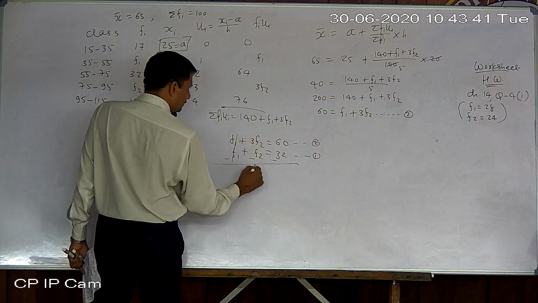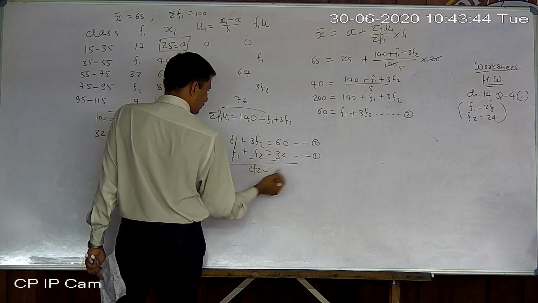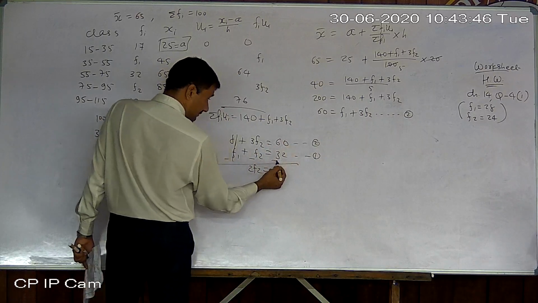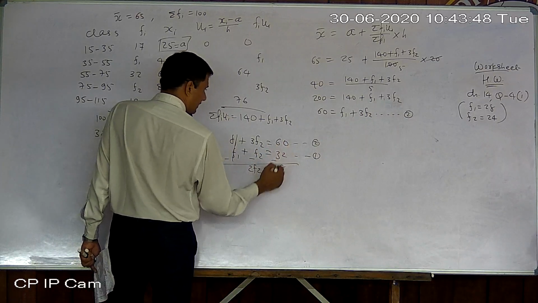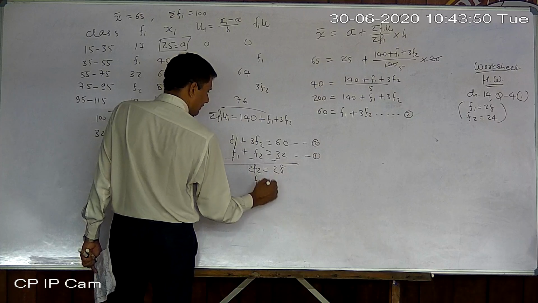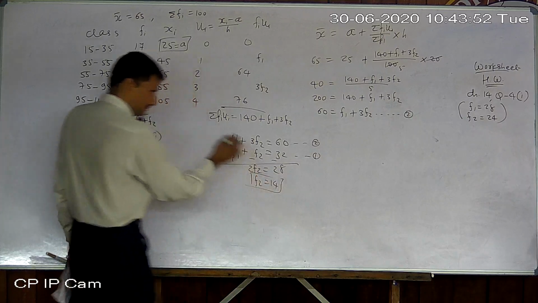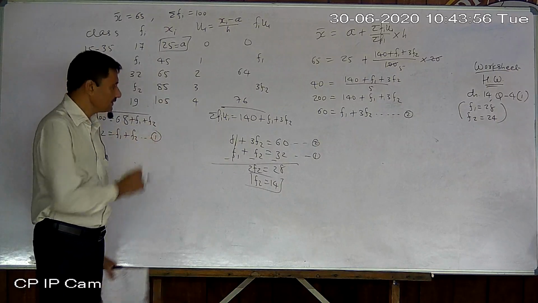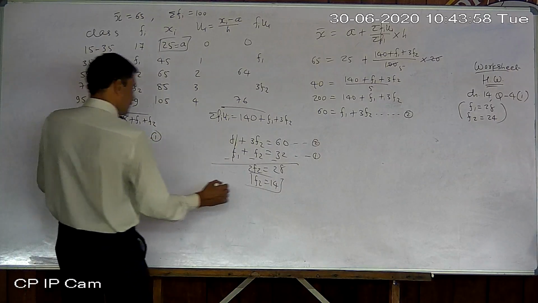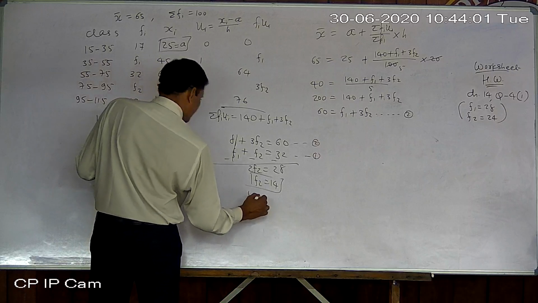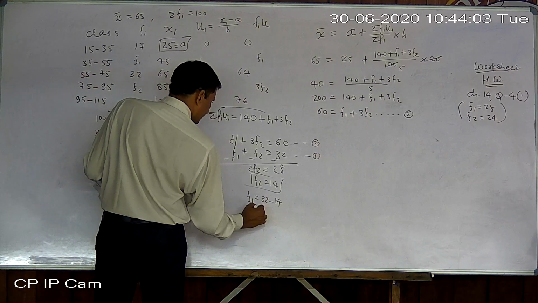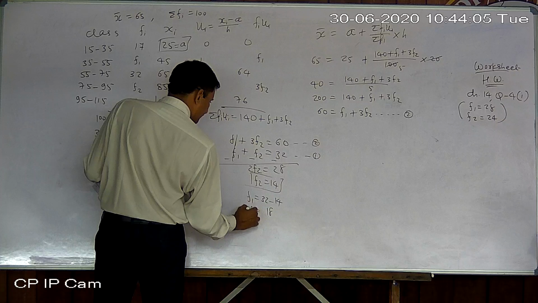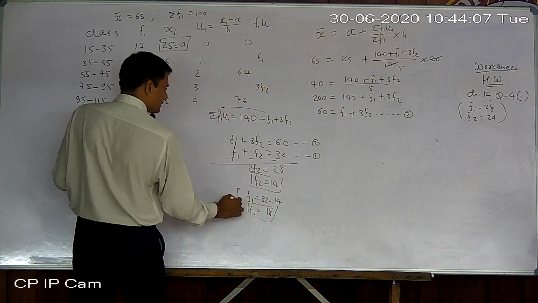So now 2f2 equals 60 minus 32, 10 minus 2 is 8, and 5 minus 3 is 2. So f2 will be 40. In the earlier solution also we got f2 as 40. So f1 will automatically be 32 minus 40, okay, so 8. So f1 will be 8. That is the same only. The process is the same.